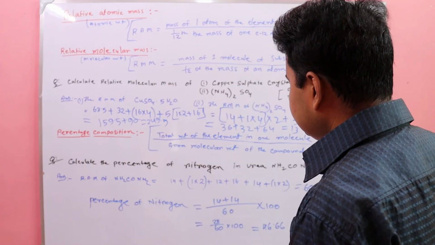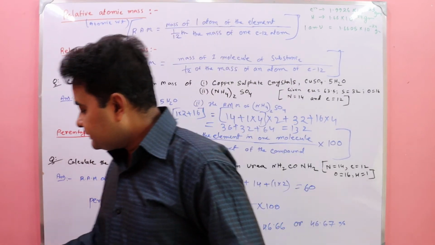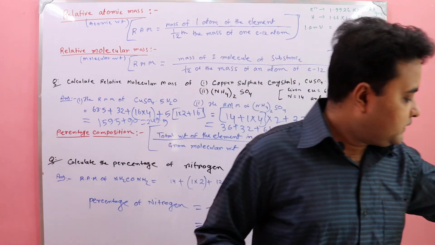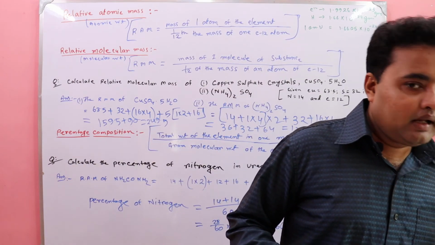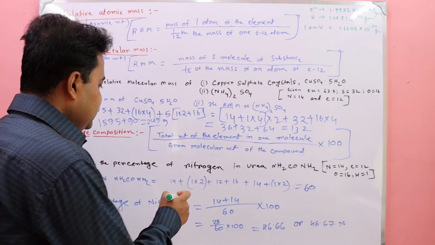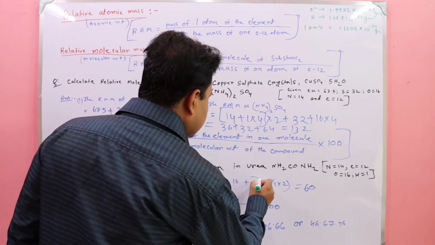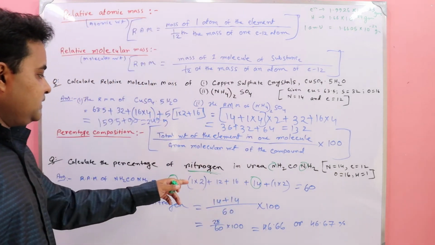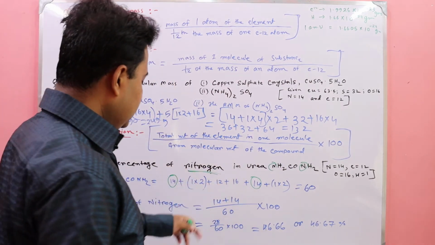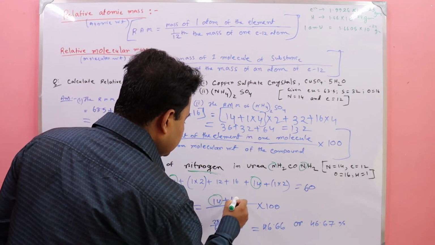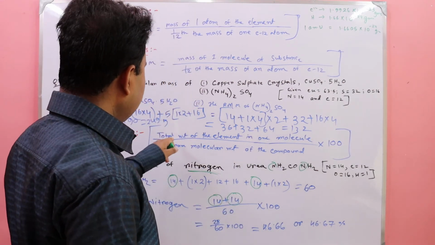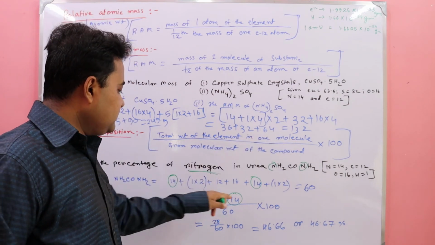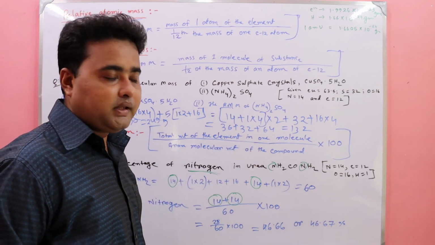Here you have to first notice that 2 nitrogens are present. The question asks for the total nitrogen percentage, so you have to put the weight of 2 nitrogens, the total weight of the element in the molecule.